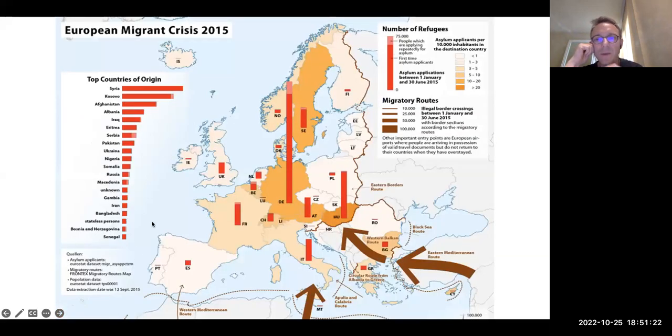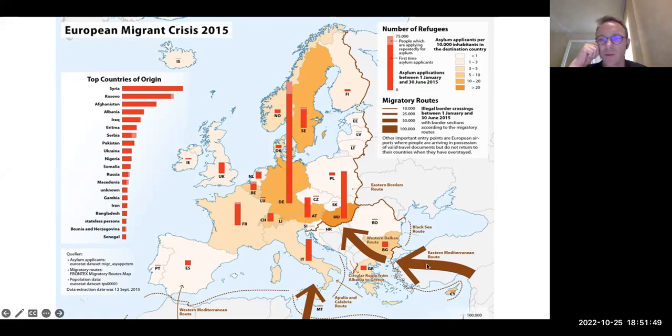As you can see from here, this is from 2015, but I couldn't find another map which is more explicit on this. I think it shows quite interestingly how the Dublin system does work in a certain way. A lot of those migration flows come through certain routes.